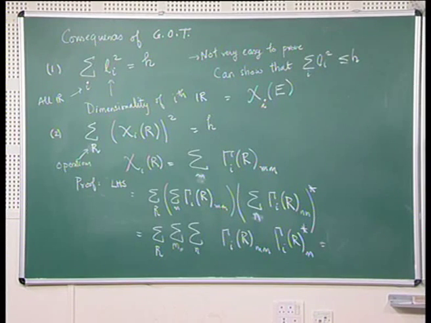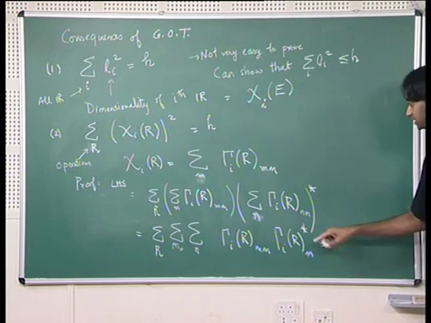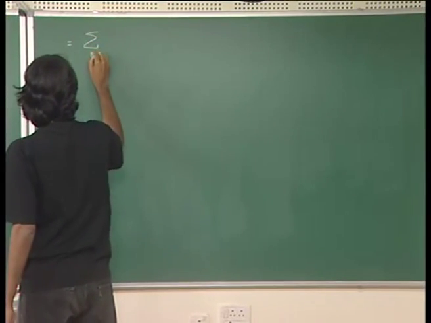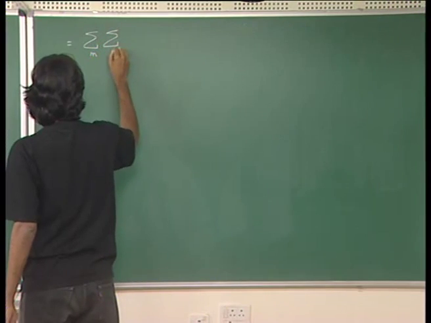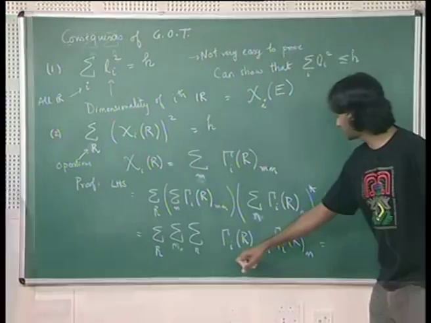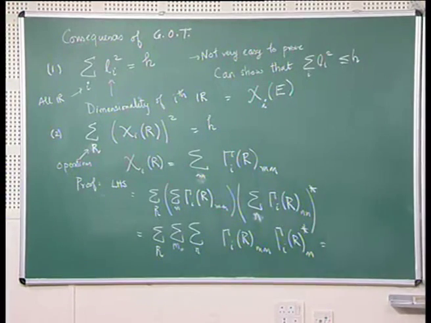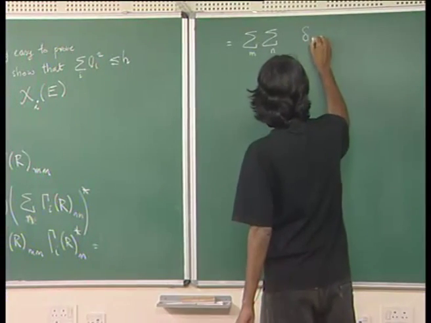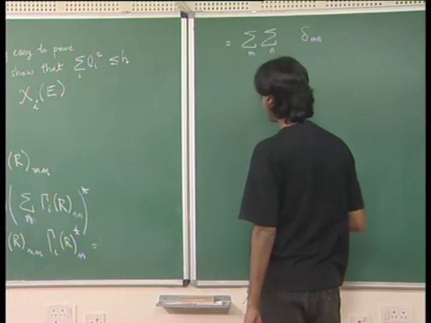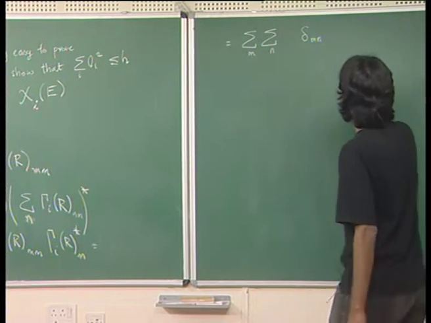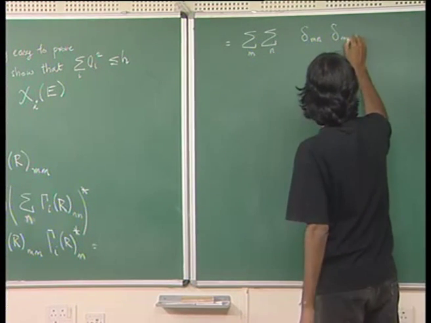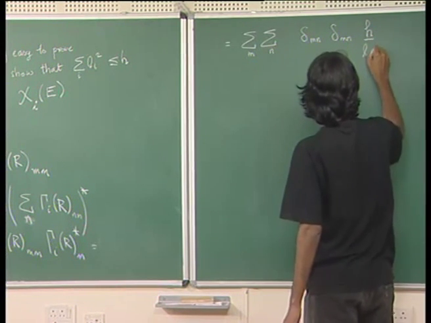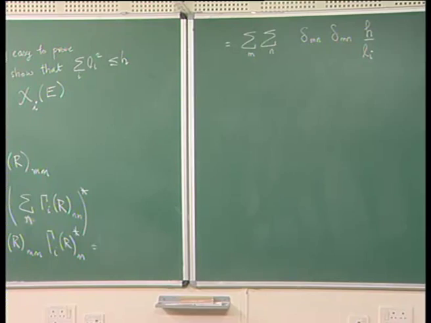If I use the great orthogonality theorem here, I get the sum over m, the sum over n, then the sum over R of gamma I R star. That gives me delta mn into delta mn, so we get it twice, into h by L I. So that is what I have.